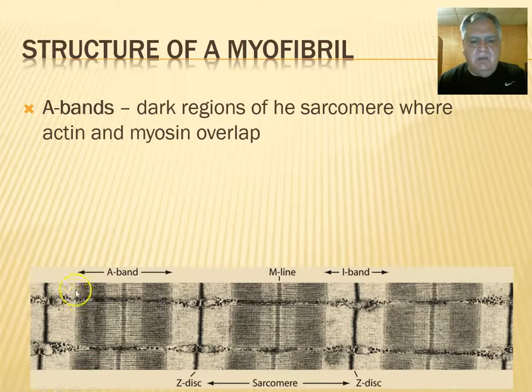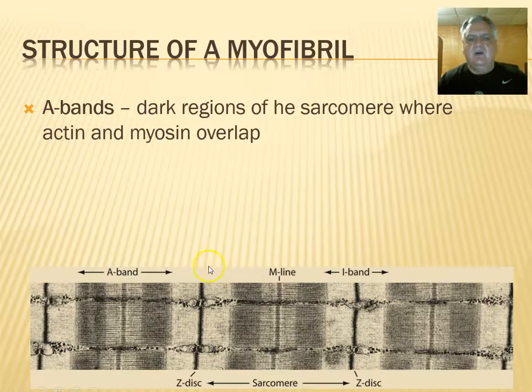And this section of the myofibril has 1, 2, 3 sarcomeres in it. And I can tell the sarcomeres because here is a Z line, or as designated in this diagram, a Z disc. Remember, sometimes they're called Z disc or Z membranes. So this distance from here to here is one sarcomere, Z disc to Z disc. This distance from here to here, another Z disc to Z disc, is another sarcomere. And the distance between here and here is a third sarcomere.